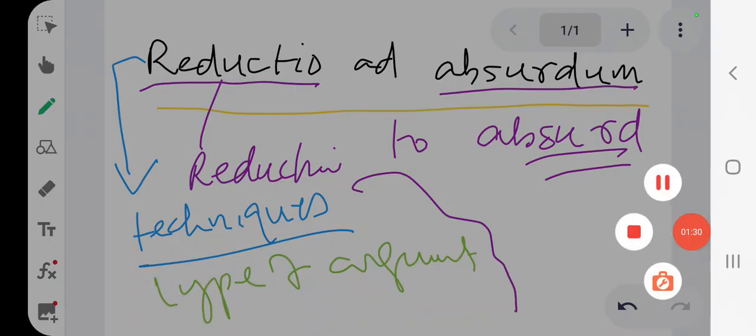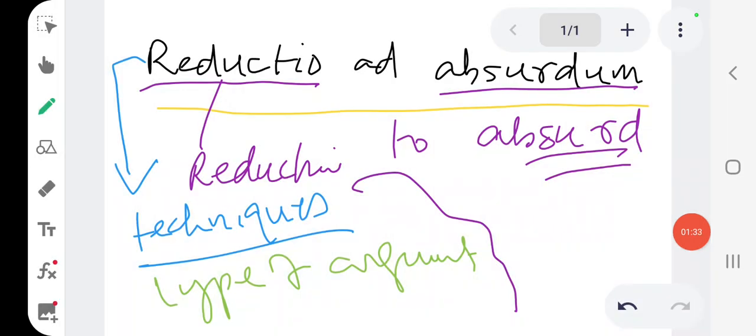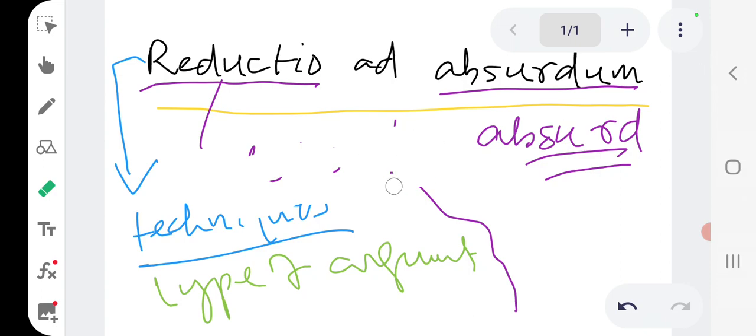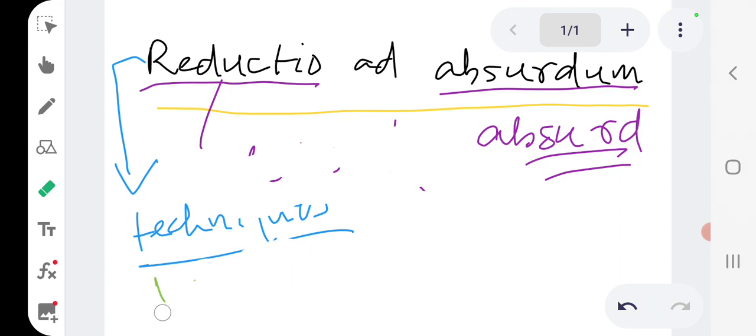Now, in philosophy and logic, what does it mean? Well, the English dictionary gives a definition as it is used in philosophy.